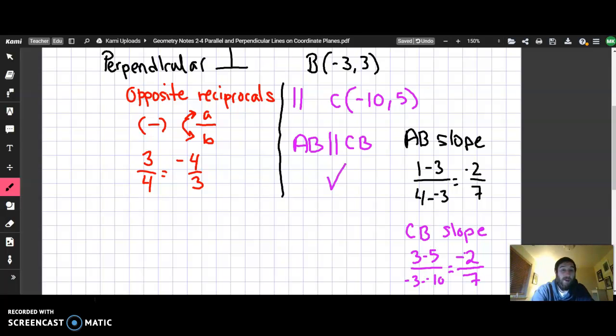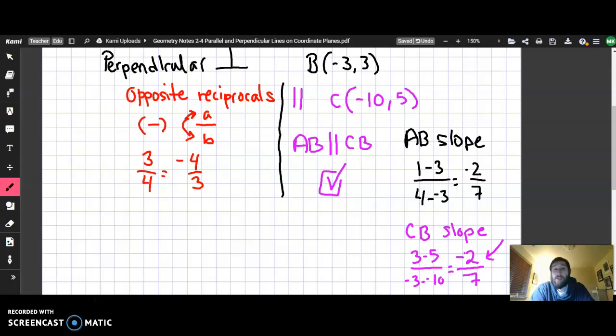AB and CB are indeed parallel for that reason. In order to be parallel, they have to have the exact same slope. If this 2/7 was positive, it would not be parallel. If the 2 and the 7 were flipped, it would not be parallel, because even though they had similarities, they would not be exactly the same.